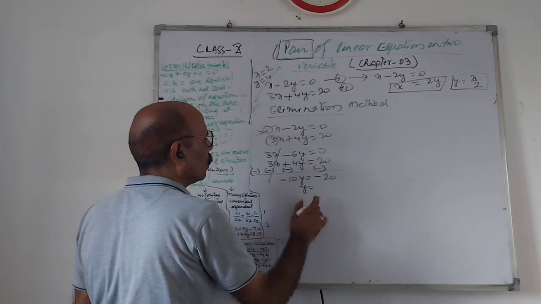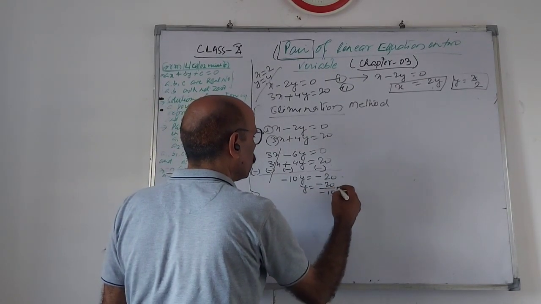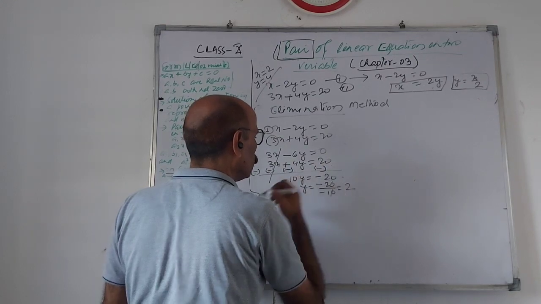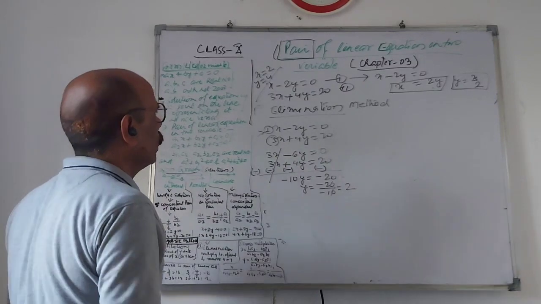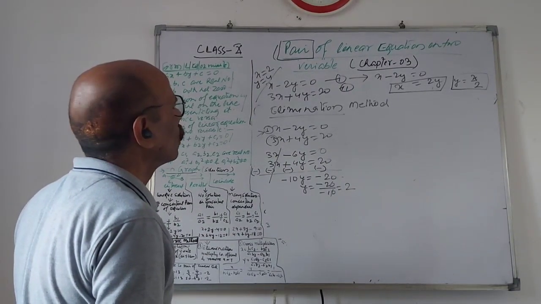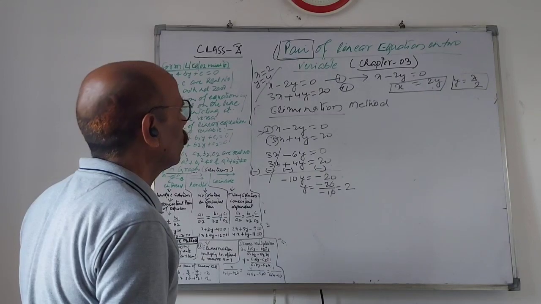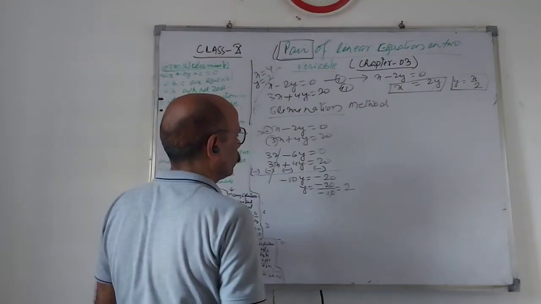So y is equal to what? Minus 20 by minus 10 is equal to 2. Same. y is equal to 2. Now here, what we do is put y is equal to 2, then x.